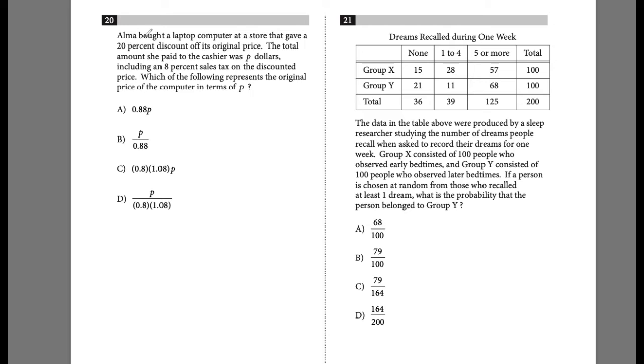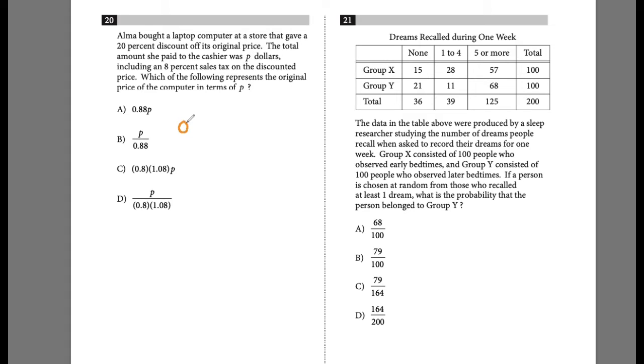Number 20. Alma bought a laptop computer at a store that gave a 20% discount off its original price. The total amount she paid to the cashier was P dollars, including an 8% sales tax on the discounted price. Which of the following represents the original price of the computer in terms of P? So we know that P was the amount finally paid.